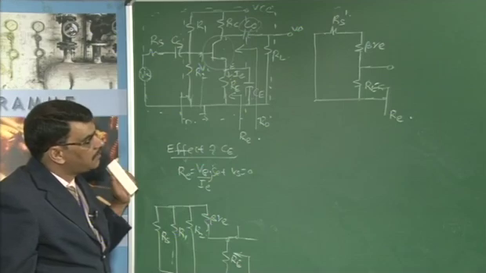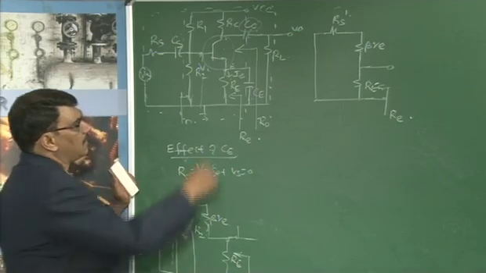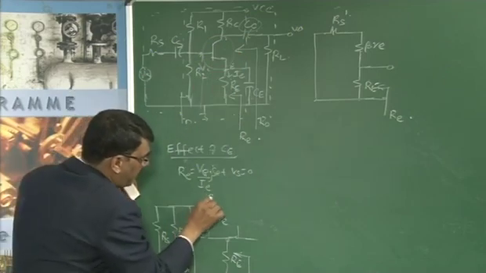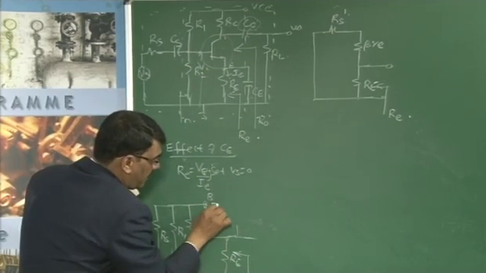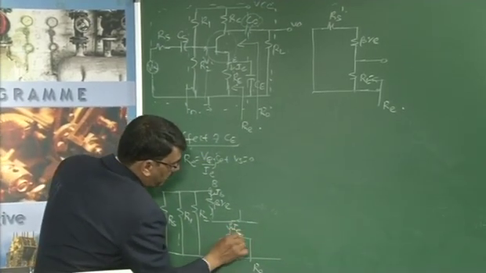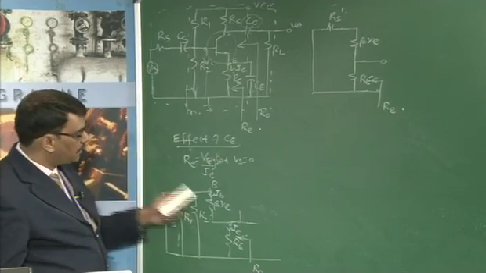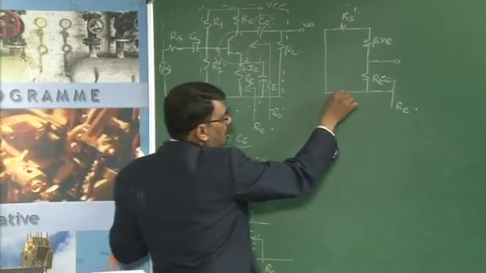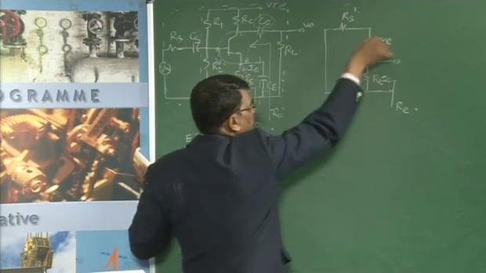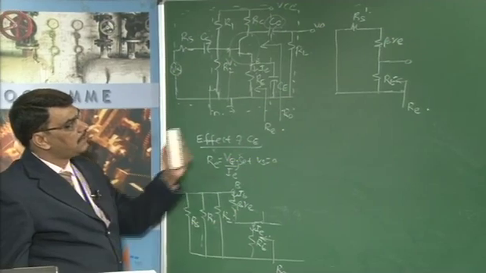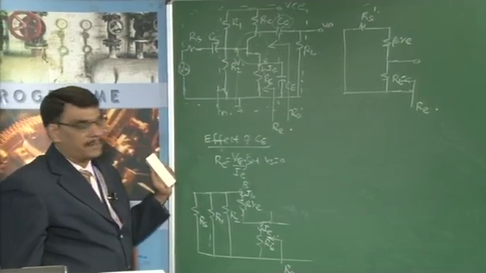From the transistor analysis, the current flowing from base to emitter is I_B and the current flowing between emitter to ground is I_E. These two currents are different, but if you redraw this equivalent circuit, these two resistances are in series. When these two resistances are in series, the current flowing through the circuit also remains the same.